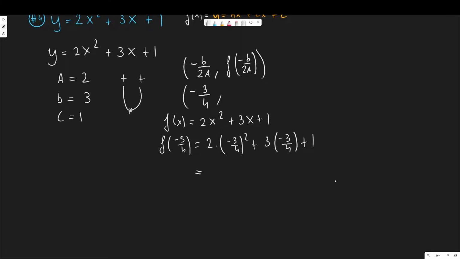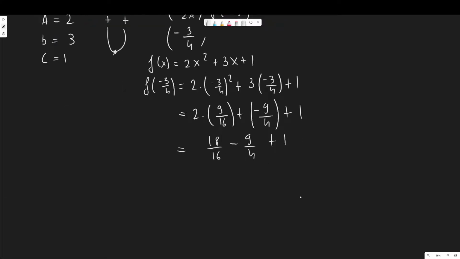So we'll get that this is equal to 2 times negative 3 squared is just positive 9 over 4 squared, which is the same as 16, plus 3 times negative 3 is equal to negative 9 over 4 plus 1. So we'll get that 2 times 9 is 18 over 16 minus 9 over 4 plus 1.